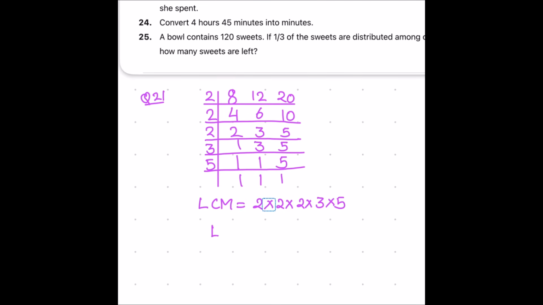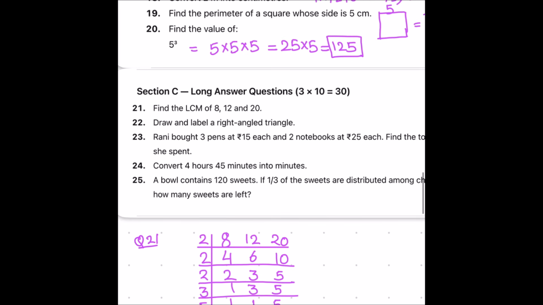So LCM will be 2 times 2 is 4, 4 times 2 is 8, 8 times 3 is 24, 24 times 5. Let's multiply the 2 numbers. 4 times 5 is 20, 2 carried over, 5 times 2 is 10, 10 plus 2 is 12. So the LCM of the 3 numbers is 120. So this is 120.